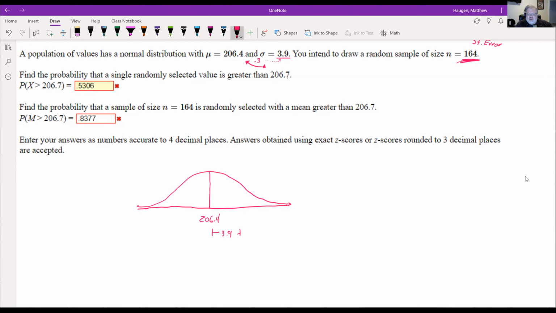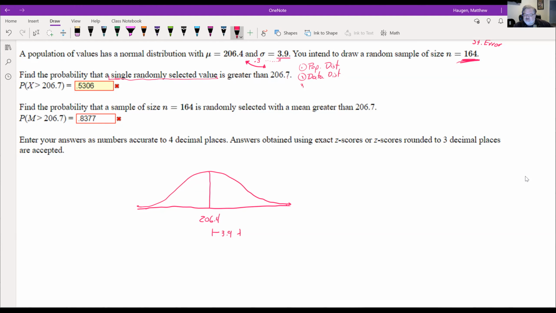Now, this is talking about a single randomly selected value, right? So the question is, first off, is this in the population distribution? Is this in one of the samples? Is this one of the data distributions for a particularly gathered sample?